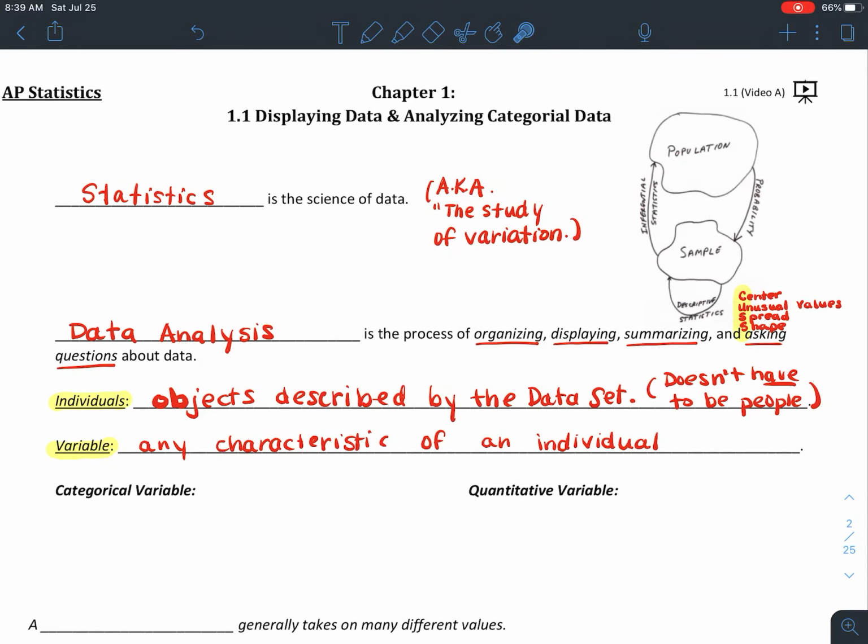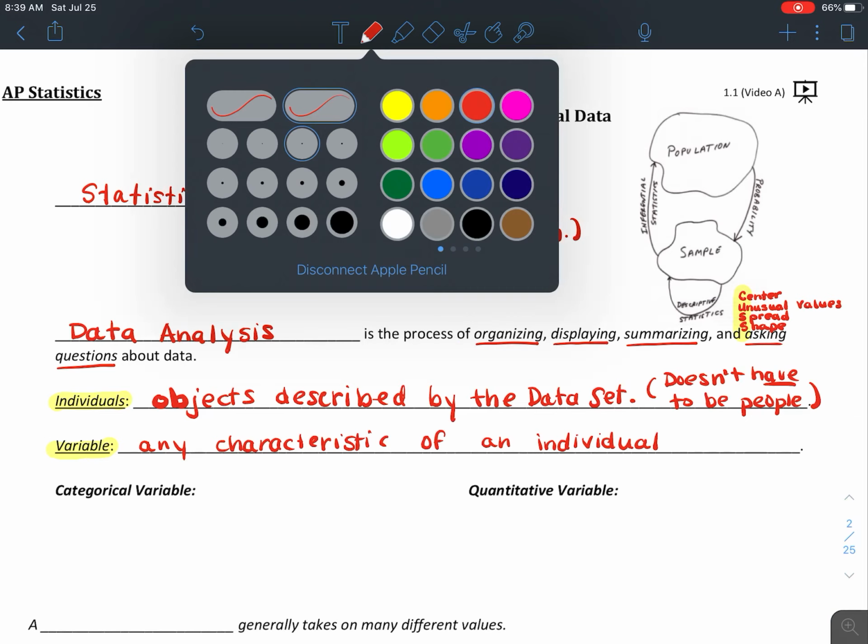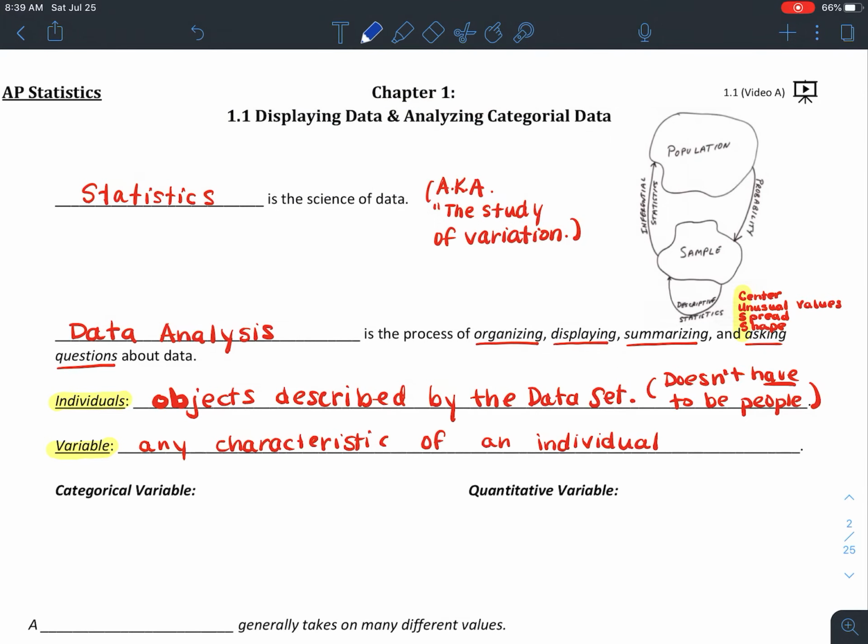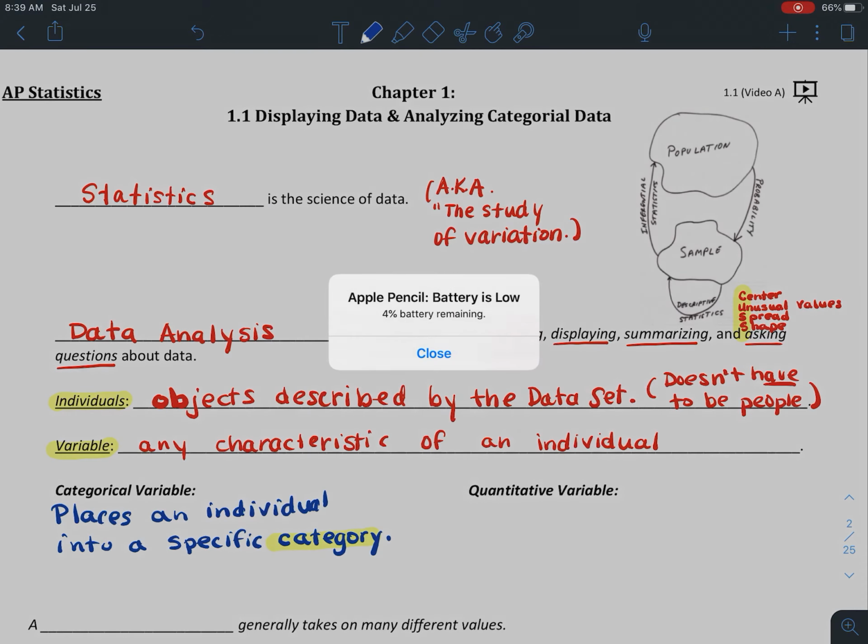So there are two types of variables, okay? Two types of variables. One variable could be categorical in nature, and if it's categorical, it places an individual into a specific, and here's the key word, into a specific category, okay? Let me give you some examples here.